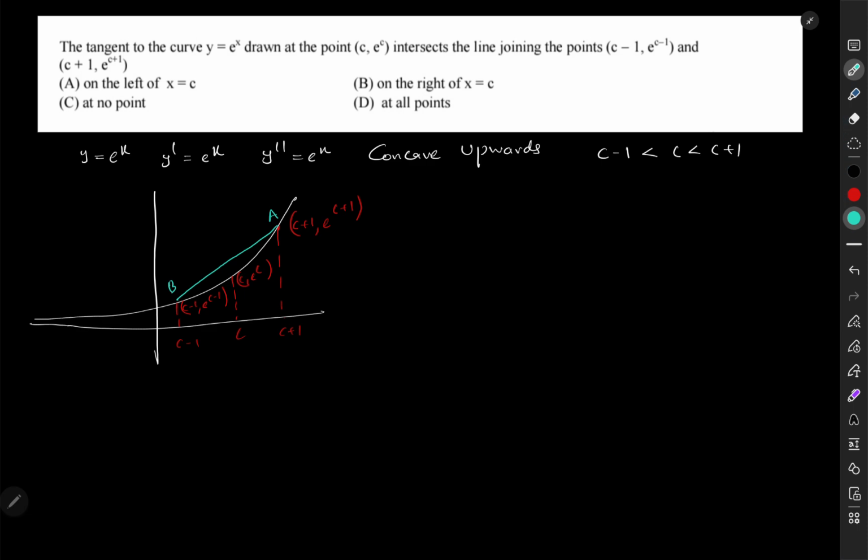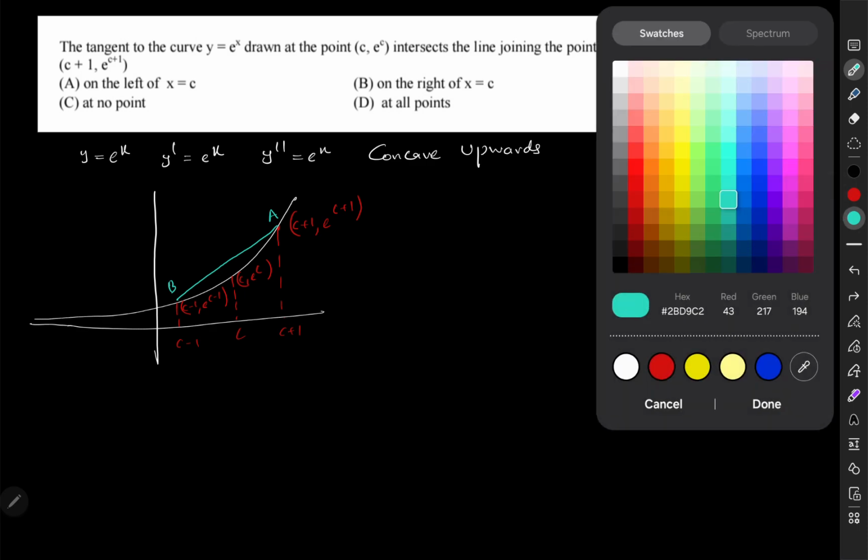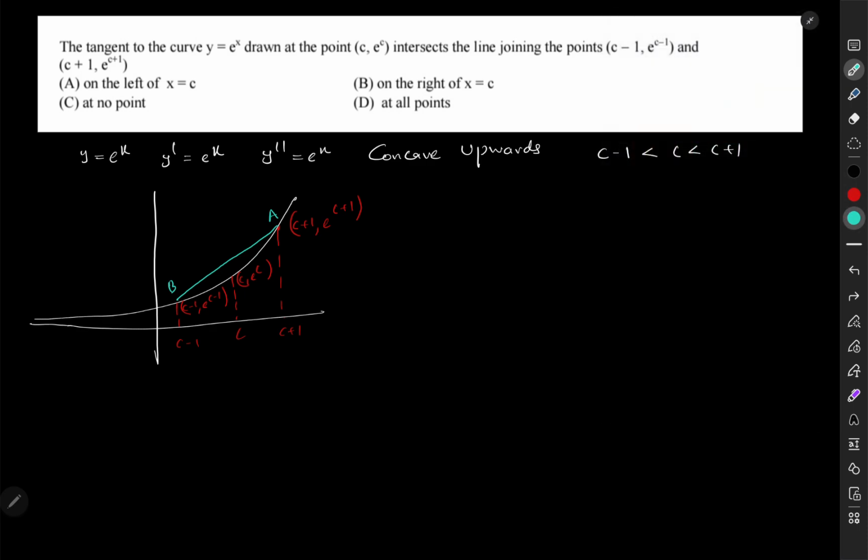Let me draw the tangent at C. It will be coming like this, correct? So the tangent at C, if I draw, will be something like this.